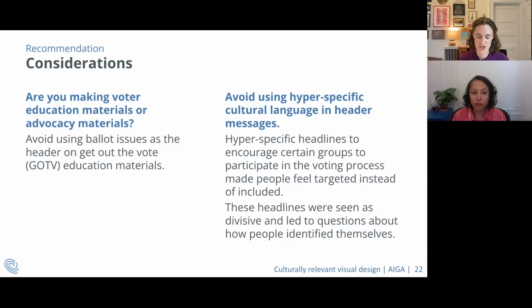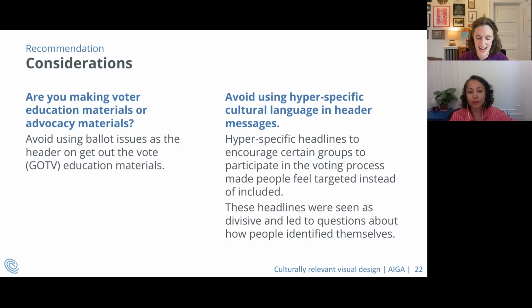The second consideration was to avoid using really hyper-specific cultural language in top-line header messages. Same potential assumption here. We went in thinking, what if we put a greeting at the top of these handouts that really spoke to a specific cultural community? For example, when Andrea was in Cleveland talking to the Puerto Rican voters, we tested a headline on one of these flyers that started with "Hello, Cleveland Boricuas," thinking maybe this will make people feel invited into the process and they'll pick up this flyer.